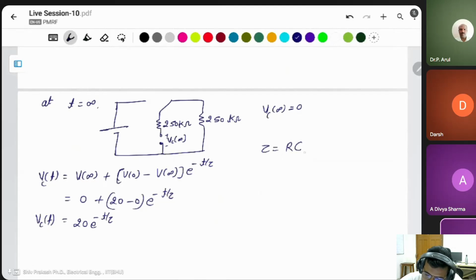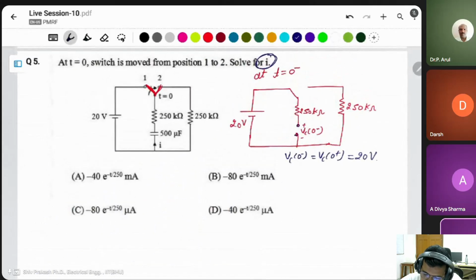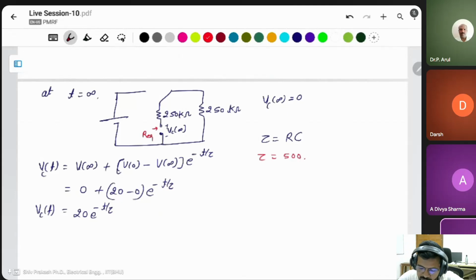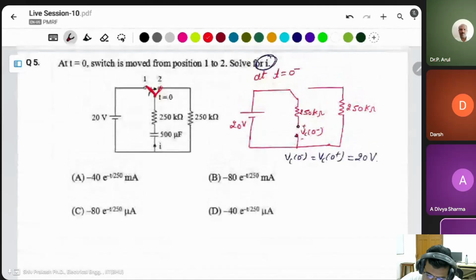The capacitor's value is given as 500 microfarad and the resistor is 250 kilo. From here you can see what is the R equivalent. R equivalent, simply both resistors are connected in series. That's why R equivalent is 250 plus 250, 500 kilo ohm, into capacitor given as 500 microfarad.